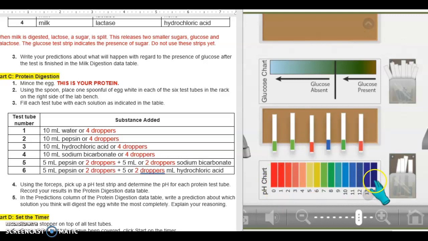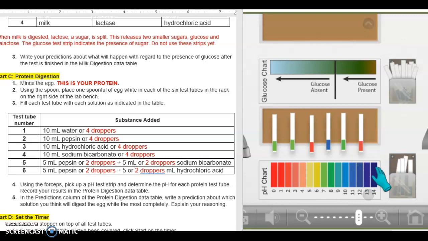On a pH chart, like you see here, a standard pH strip test will give you a range of colors from red to blue. Red is for acid. I know it's a cheesy mnemonic, but reds are acids. Blues are bases. If you don't know what those are yet, it's okay.